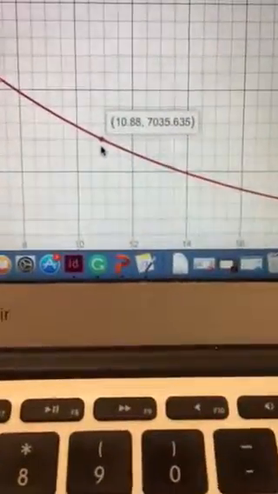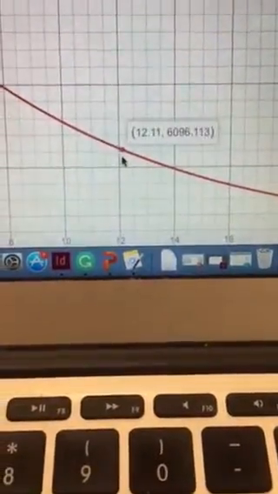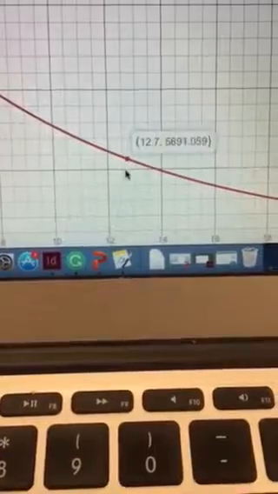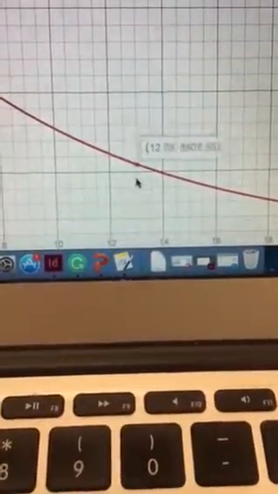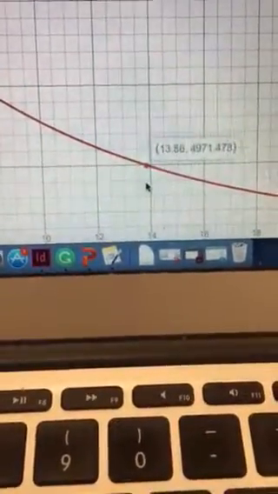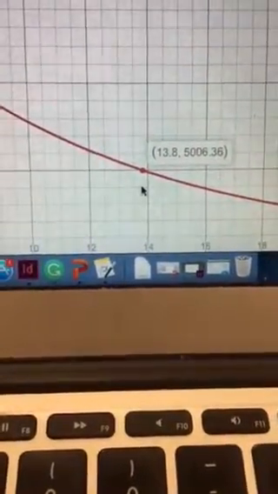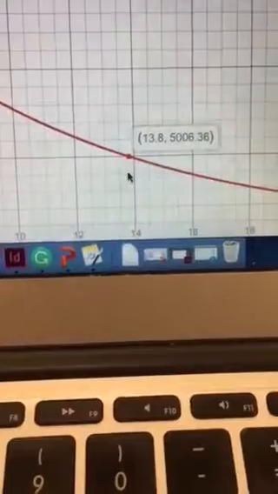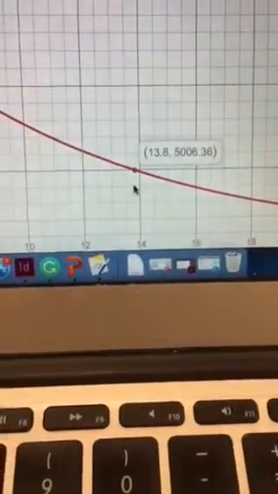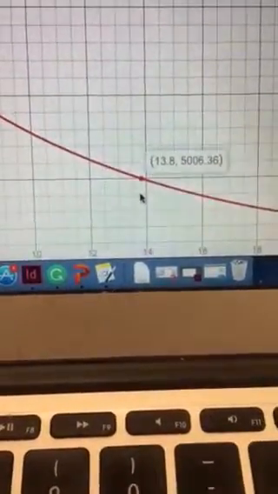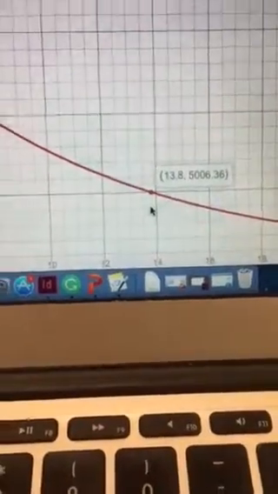And as I scroll down through the years, you could see it depreciating. Here it's at 7,000. Here, I'm getting closer to 5,000. Oh, that's so close, 13.8. So about 13 to 14 years is when my car would be equal to 5,000.